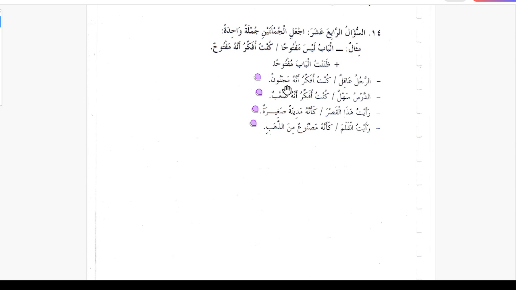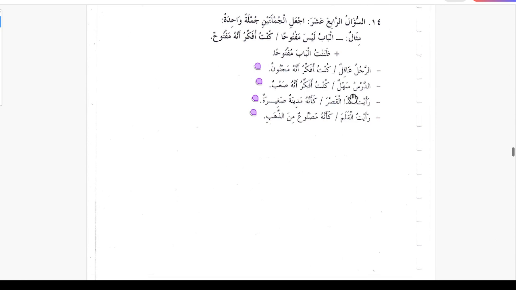So we are going to say here zanantu, just like this, I think ar-rajula. So now we are going to use zanantu. When we use this verb, then we use two maf'ul bihi, just like here al-baba and maftuhan. So zanantu ar-rajula majnoonan, I think the man is majnoon.